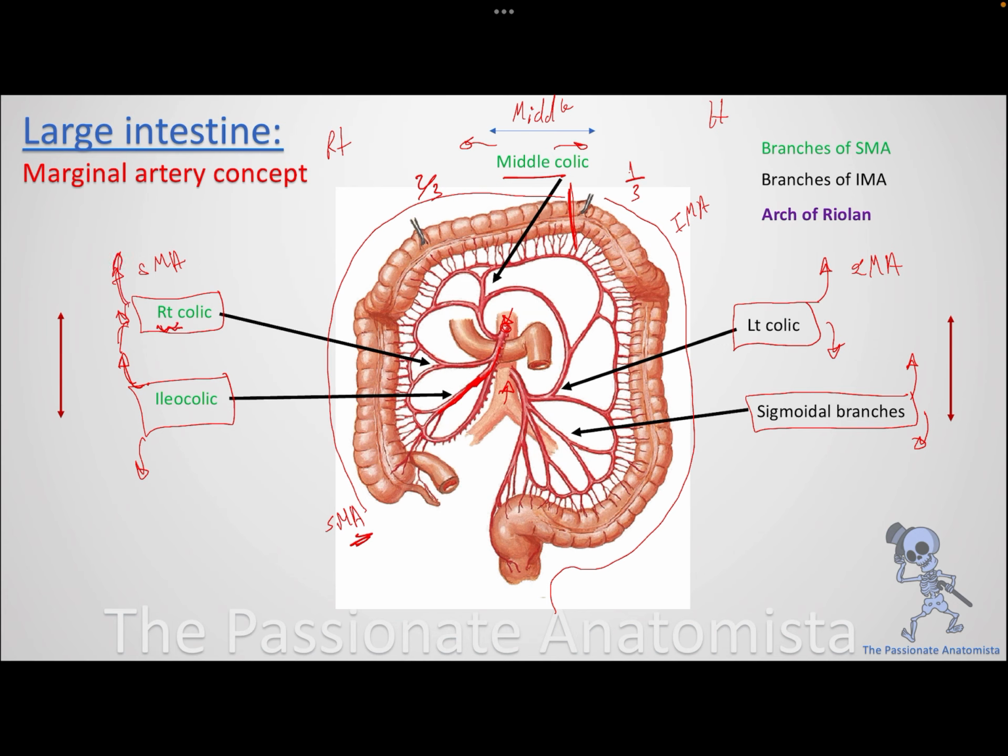The ascending branch of the right colic will anastomose with the right branch of the middle colic. The same happens on the left side. Sigmoidal branches give ascending branches to anastomose with the descending branch of the left colic, and the ascending branch of the left colic anastomoses with the left branch of the middle colic.